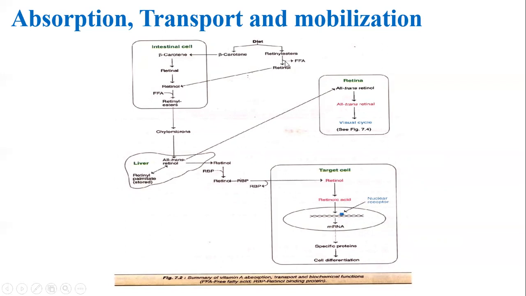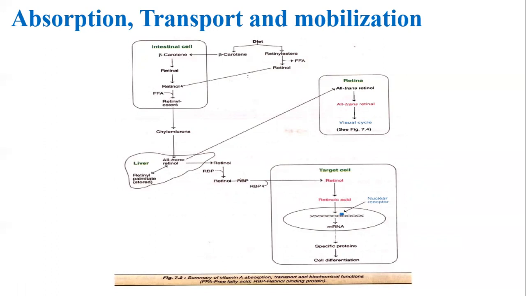After the release of these free fatty acids, the retinyl esters convert into retinol, and this retinol is absorbed in the small intestine. Like that, beta carotene is also absorbed by the small intestine. The small intestine has brush borders, a microvilli structure that increases the surface area and the absorption of molecules.